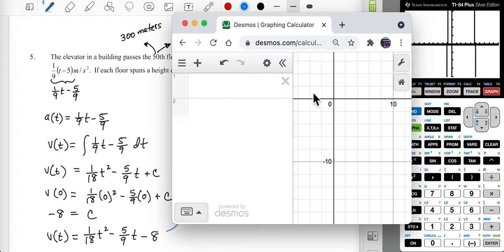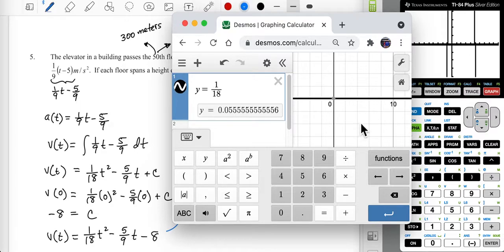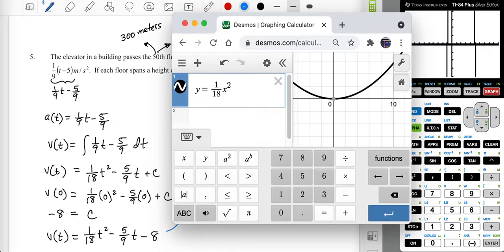I'm going to use Desmos. So let's put in y equals 1 over 18 x squared minus 5/9 x minus 8.